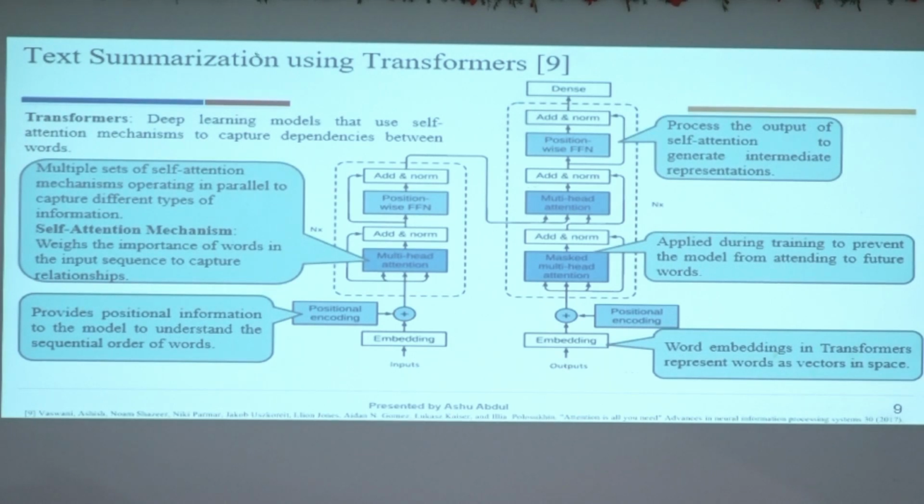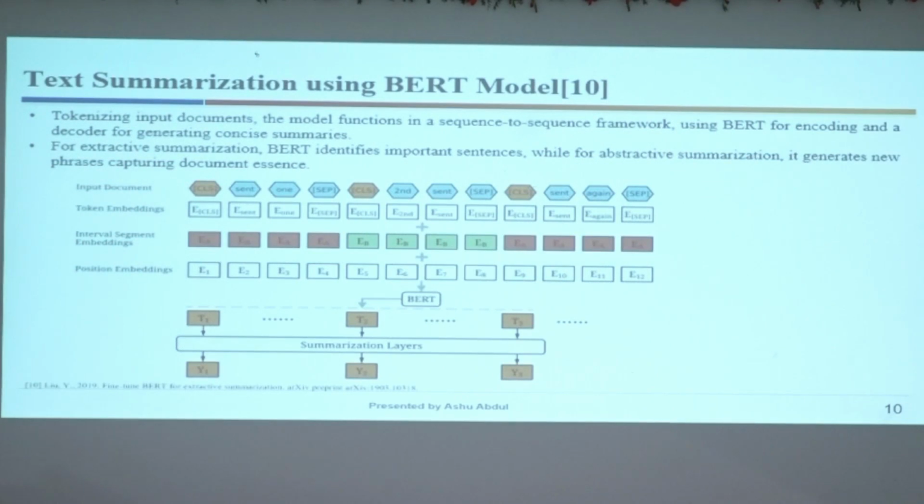Only this encoder representation you are going to take and give to BERT, and it is bidirectional, whereas in the previous case it was unidirectional. So they have considered only the encoder representation instead of the decoder representation.